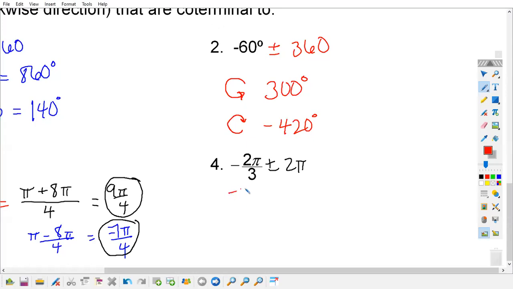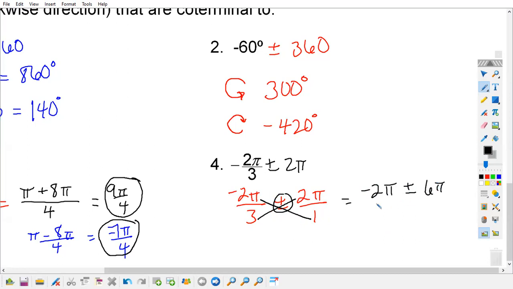We had negative 2 pi over 3 plus or minus 2 pi over 1. We cross multiply. Negative 2 times 1 is negative 2 pi. I'm going to put the plus or minus just so I can save myself some time. 3 times 2 pi is 6 pi. And then times the bowl, 3 times 1 is 3.